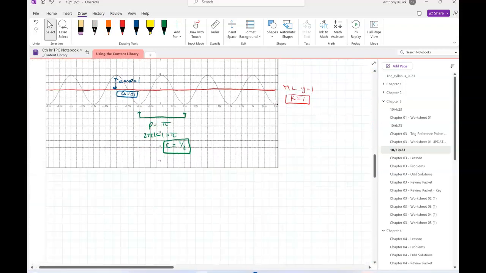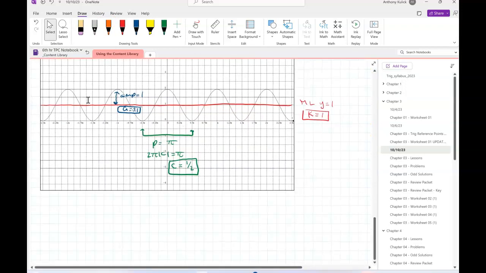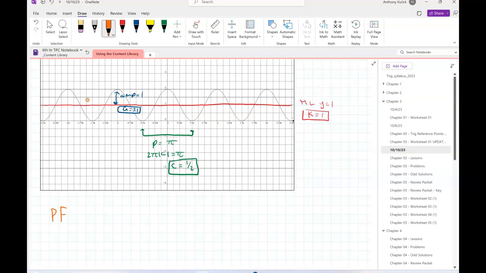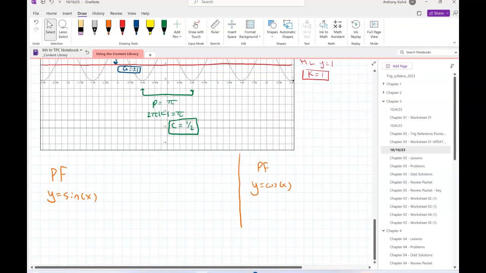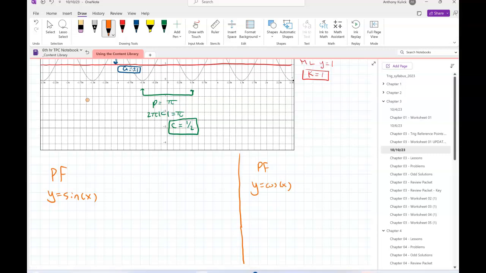So just like before, let's do this two ways. We'll do it as a sine answer, and then we'll do it as a cosine answer. Do you have to do it both ways? Not unless the direction asks you to. If the direction just says, write the sinusoid equation for this graph, then you can do it as a sine or a cosine, your choice.